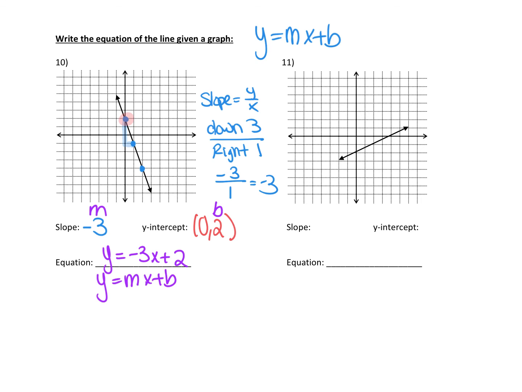Now that you've given number 11 a try, let's do it the same way as 10. First, I'm going to find all my points. Then I'm going to find my slope. Again, slope is y over x. I'm going up 1, right 2, up 1, right 2. Up 1, right 2 would equal positive 1 over positive 2.